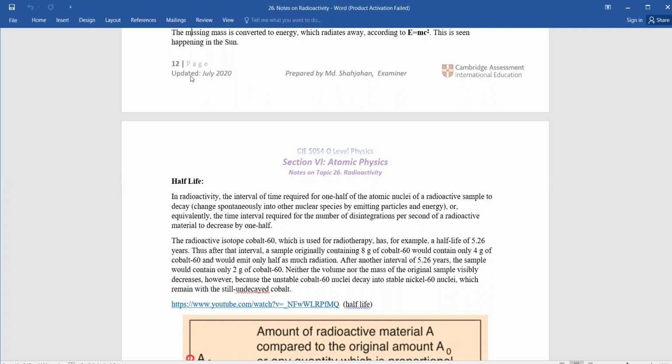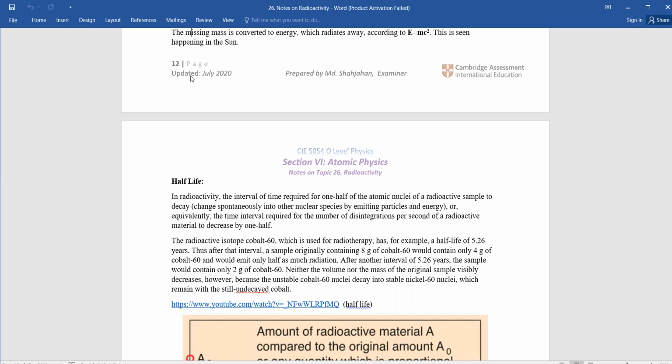And another one is the number of nuclei. The given sample, the number of nuclei available, the time required for the number of nuclei to become half, or the mass of the sample to become half. The same thing, right? The number of nuclei is becoming half. That means if you consider with gram, like you are given 50 grams at the beginning, now it's becoming 25 grams. Why is it becoming 25 grams?